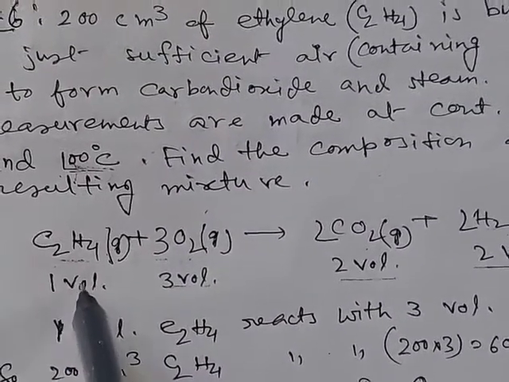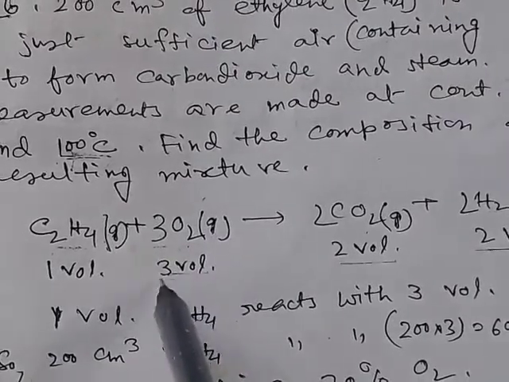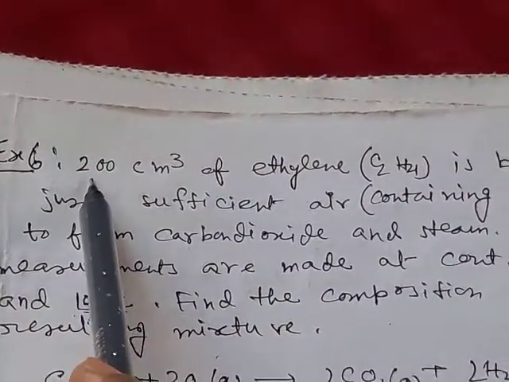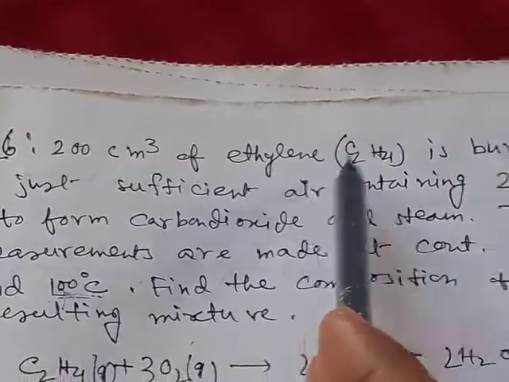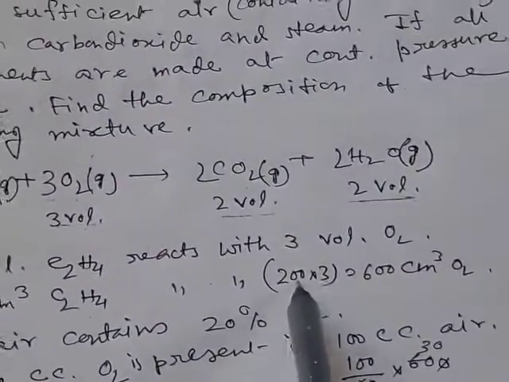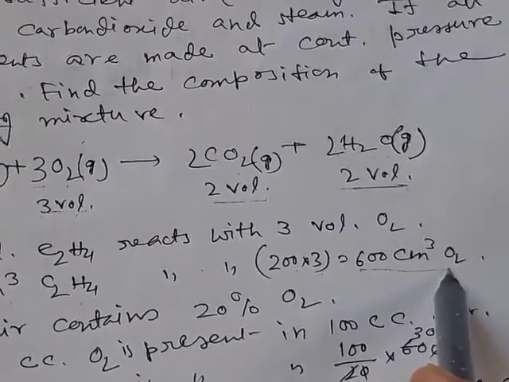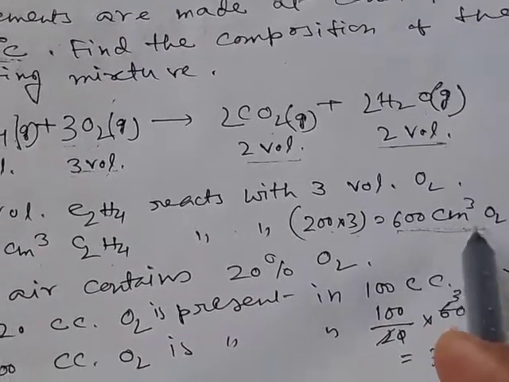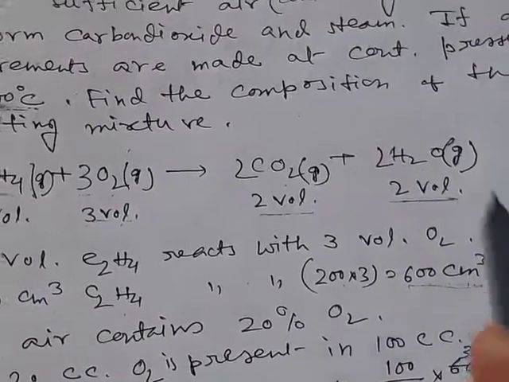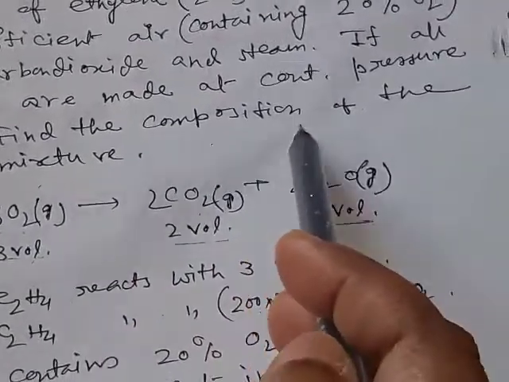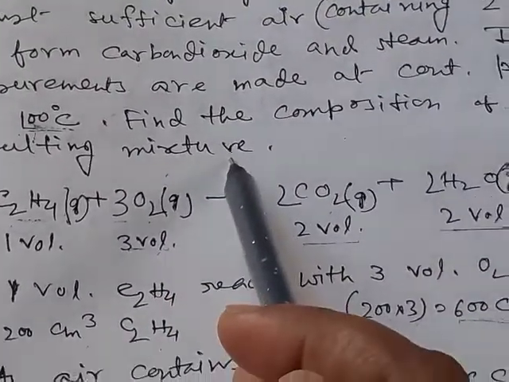So 1 volume ethylene reacts with 3 volumes oxygen. Now here in the problem it is given that 200 cc ethylene is burned. So 200 cc ethylene reacts with 200 into 3, that means 600 cc oxygen. So 600 cc oxygen reacts. We have to determine the composition of the resulting mixture.